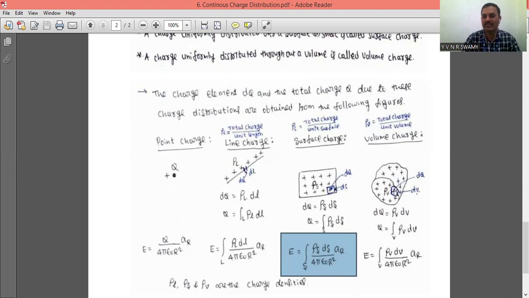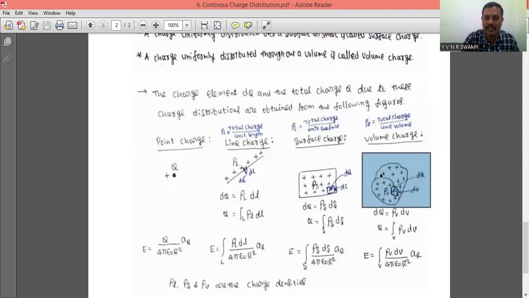Then go for the volume charge. This is the figure for volume charge. The charge uniformly distributed throughout a volume is called volume charge.